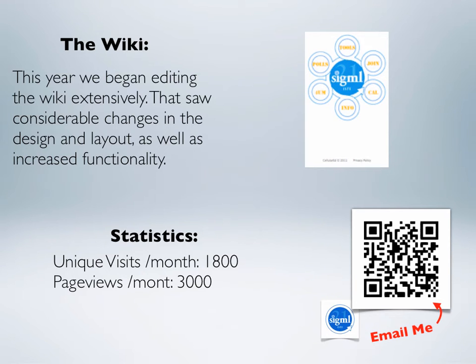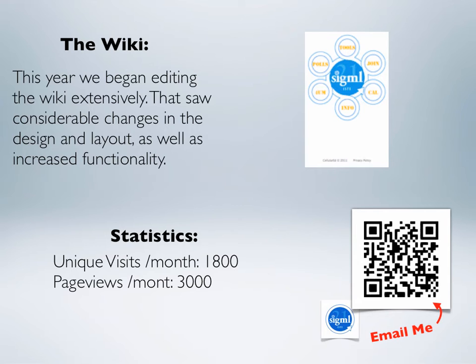Statistically speaking, we're getting about 1,800 unique visitors per month, which means if you went to our wiki in February and then went to it again in March, you would not be counted as a unique visitor because you've been there before. So with 1,800 unique visitors, we are generating almost 2,000 new members every month who are using our resources and seeing SIGML as a resource.